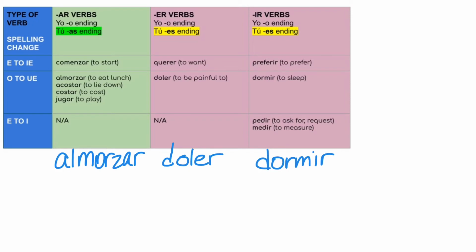This is going to be an O to UE change. So I'm going to go ahead and write that first for all of my verbs. Taking off my endings. Last two letters, doesn't matter what they are.